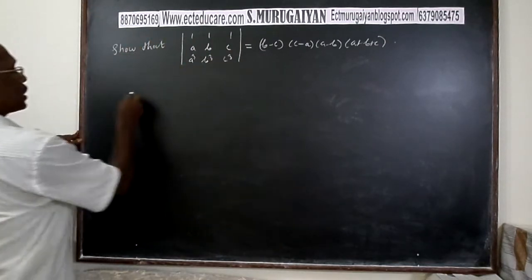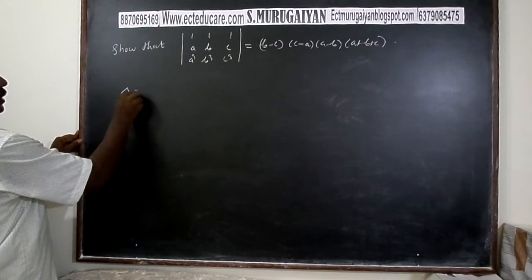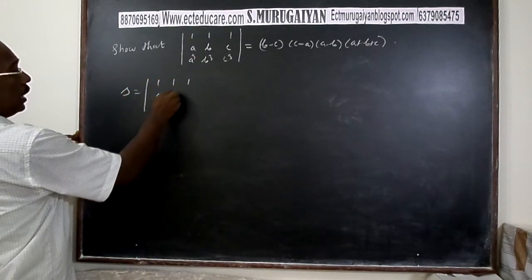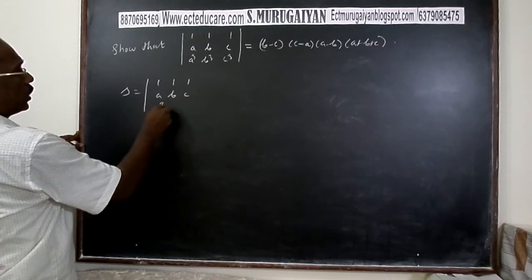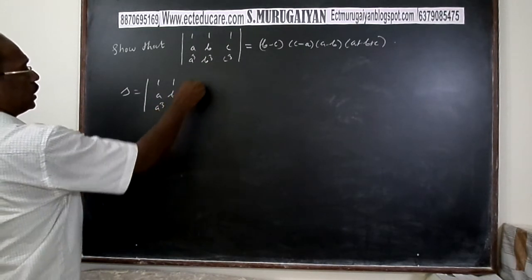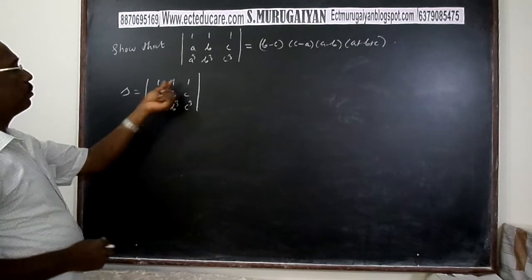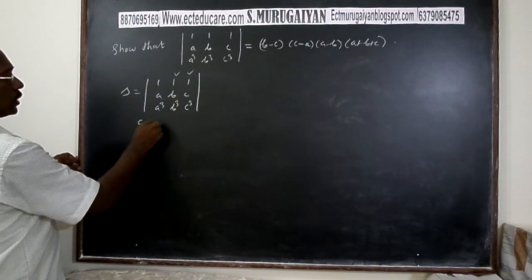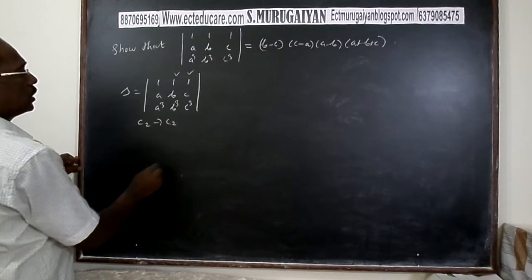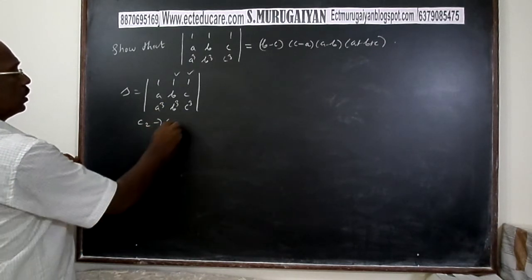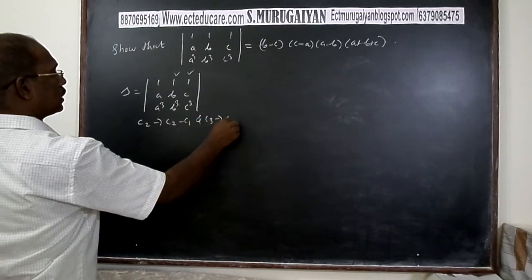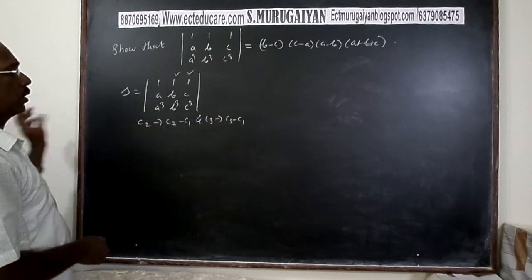We will start as usual. Delta is the given determinant: 1, 1, 1; A, B, C; A cube, B cube, C cube. We will try to make these two ones 0. Let us write the formula: C2 is C2 minus C1 and C3 is C3 minus C1, with respect to C1.